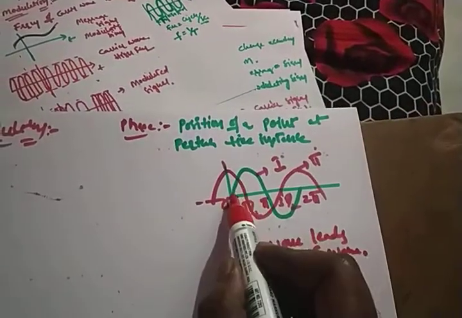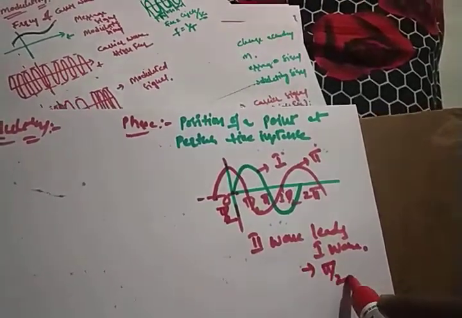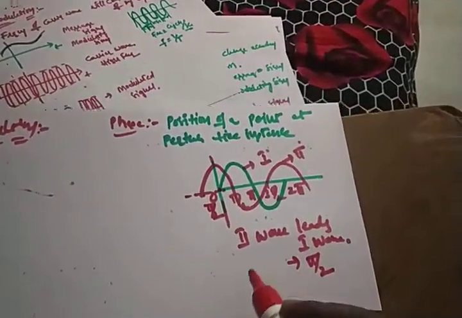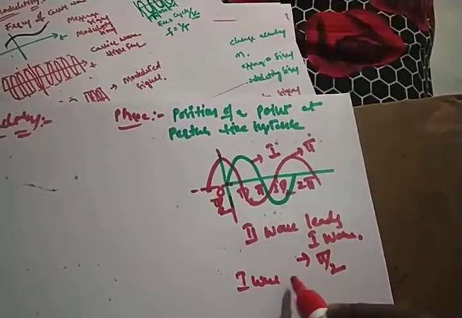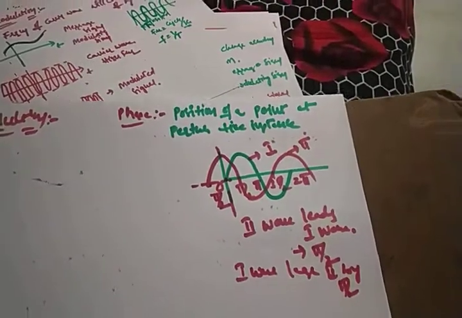That means the second wave leads the first wave. By how much angle? That phase angle. So this is 0, this much angle. What is that angle? Pi by 2. It leads by an angle pi by 2. Or else the first wave lags the second wave by an angle pi by 2. So this is a phase difference.